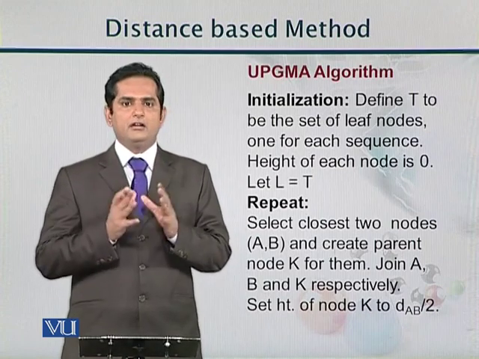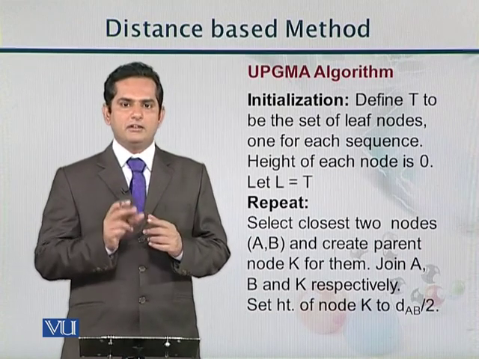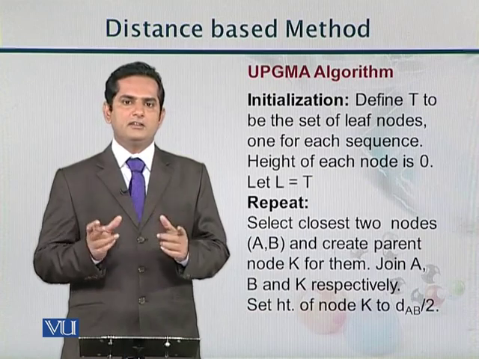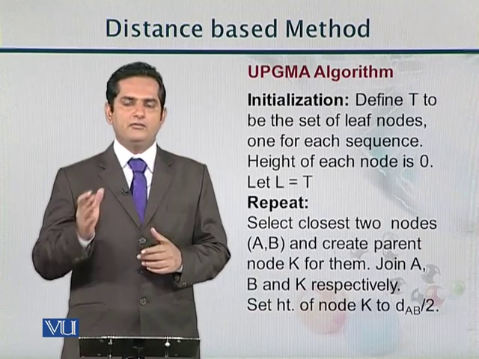How will we join? We will take half of the distance between two nodes. For example, if the distance between two nodes is 10, then we will join them with 5 with left node and 5 with right node.